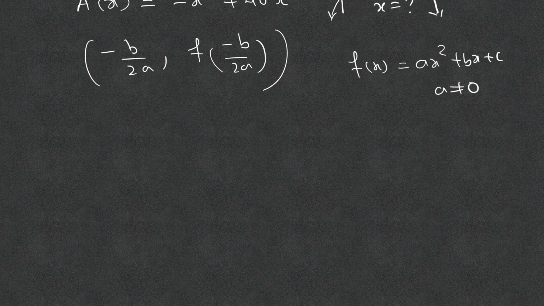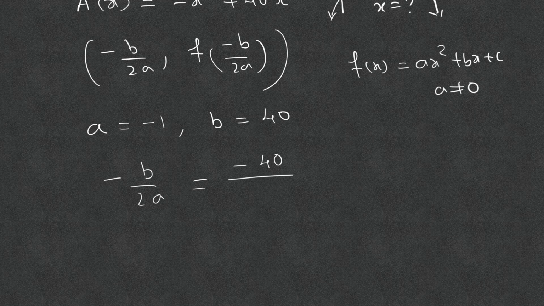And so here, a is negative 1, b is 40. And so the x coordinate of the vertex is minus b over 2a, which means minus 40 divided by 2 times negative 1, which equals 20.